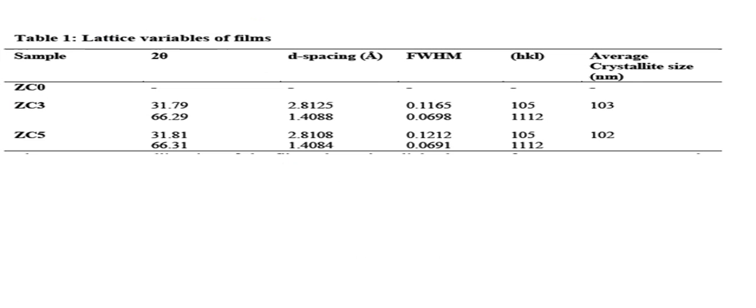If you look at the first one, it was at 31.79 degrees, whereas the second one came in at 66.29 degrees. And for the 5% cerium, the 2 theta angle is also very close to what we saw in the 3% cerium. The first angle was at 31.81 degrees, whereas the second one corresponded to 66.31.